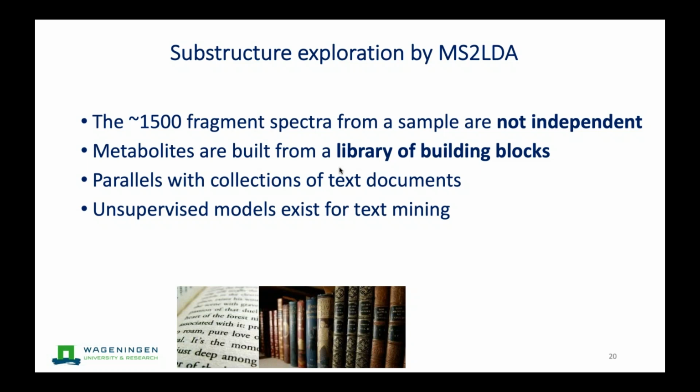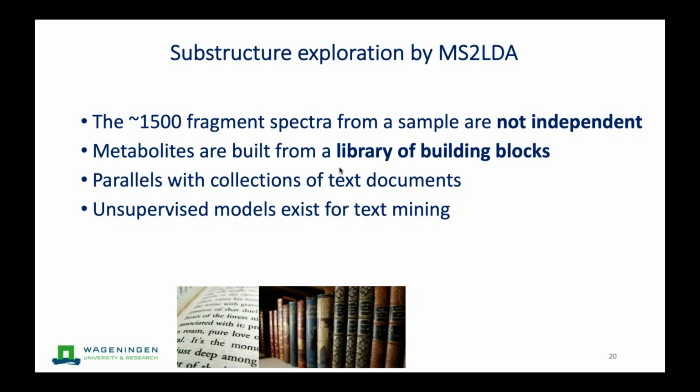And actually, there are parallels between collections of text documents and metabolomics. Why? Because in fact, the books are also not independent of each other. We have books about various topics, but they also can share topics. And that is exactly what we will use this analogy for, to actually find the substructure patterns.